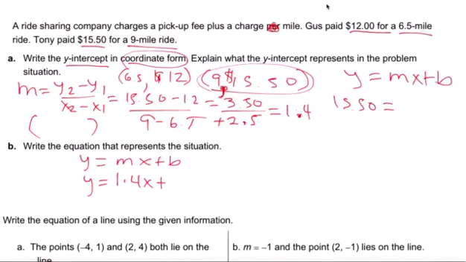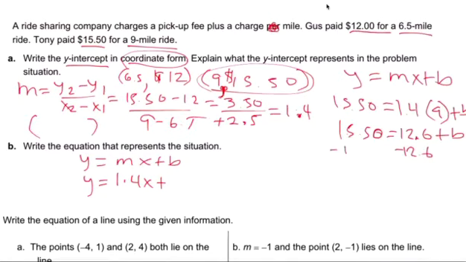M is 1.4, x is 9, plus b. And then you do that. 15.50 equals 12.6 plus b, minus 12.6, 2.90 is your b, plus 2.90.